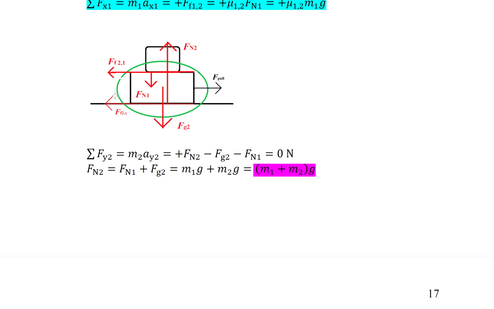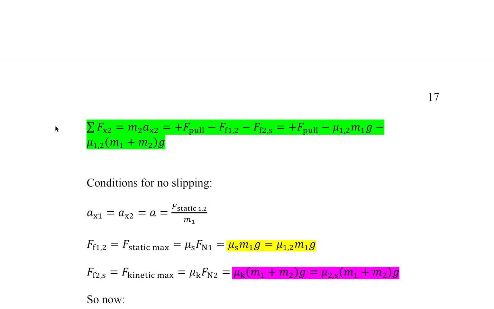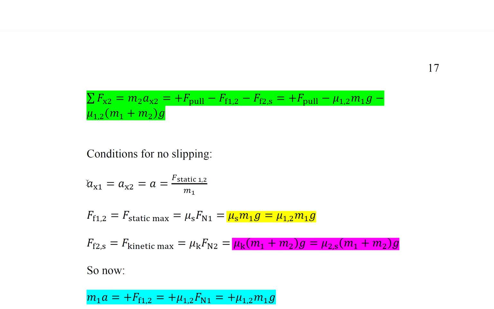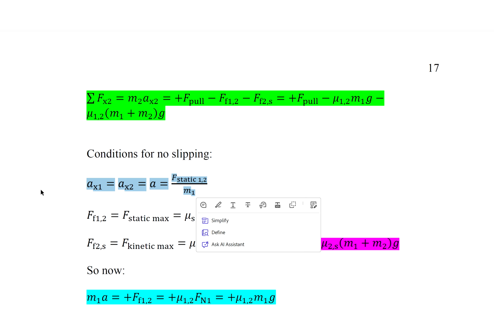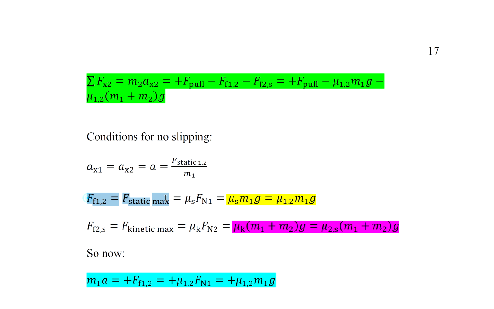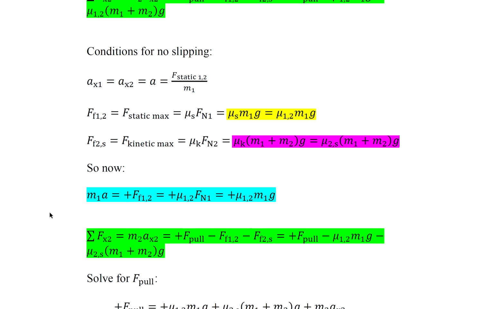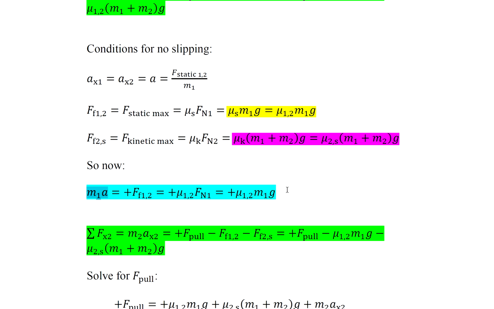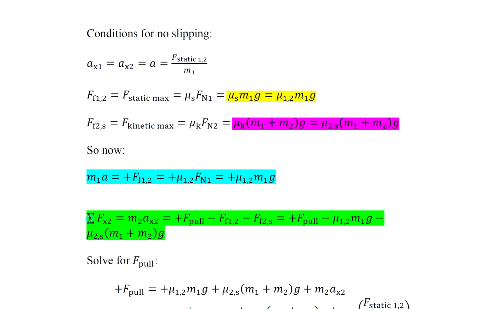So we're looking at this image here. So the conditions for no slipping is this. So we have these two equations here. Force of friction is equal to mu force normal, and here force of friction is equal to mu force normal. So now we have this equation, and we have this equation.